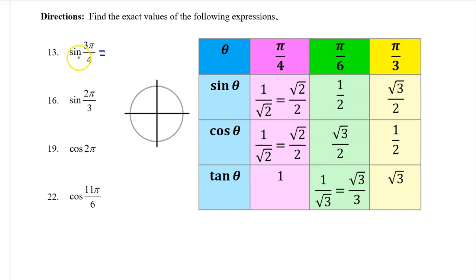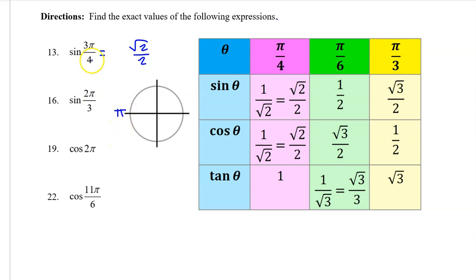Number 13. The sine of 3 pi over 4 will be the same as the sine of pi over 4, which is radical 2 over 2, or you could write 1 over radical 2, which means the same thing. Except this might be negative, depending on the quadrant. We know that pi is right here.